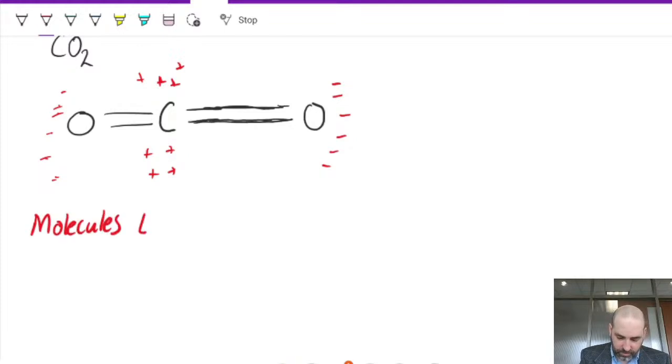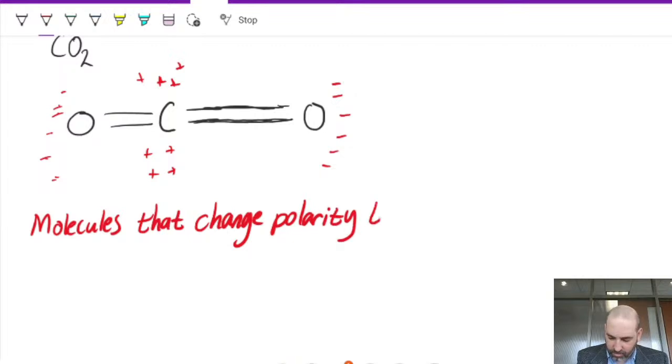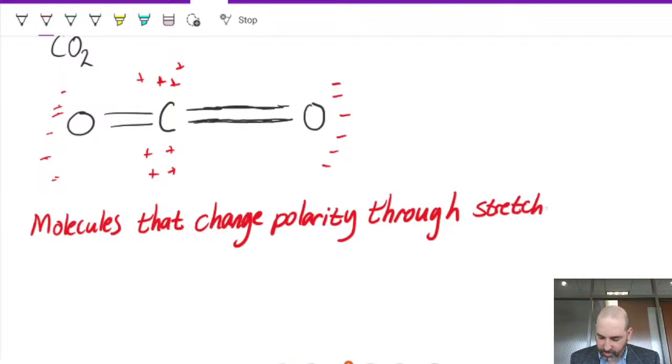So molecules that change polarity, we'll just say stretching or bending. A more technical term would be vibration.